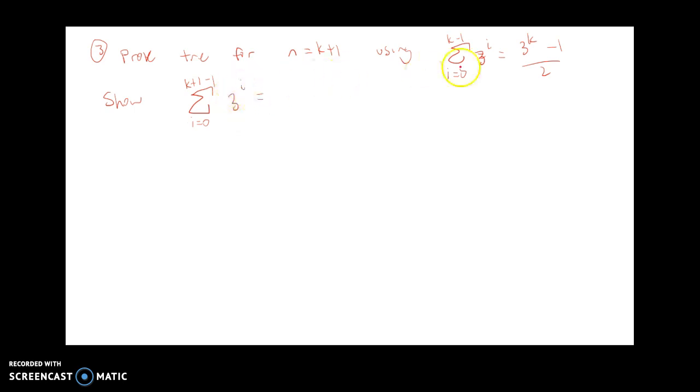I want to show that that's going to follow the same structure, 3 to the k plus 1 power, so whatever the value of n is, that's what this exponent needs to be, minus 1 over 2. So that's what I have to show.